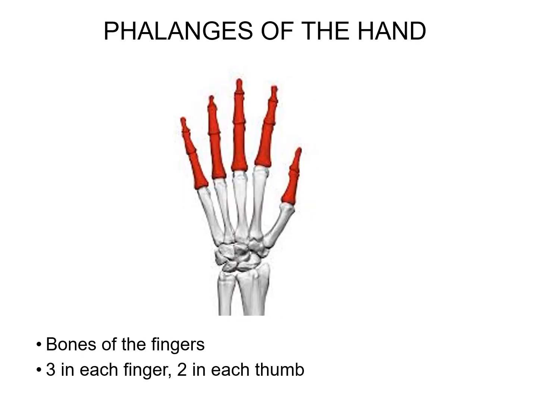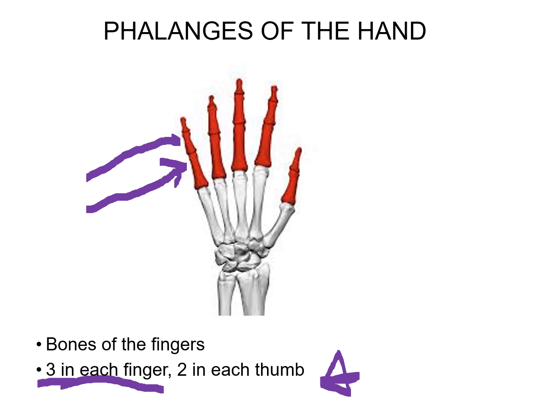And then last but not least, we have the phalanges, or your finger bones of the hand. Now, what I want to point out is that in each finger you have 3 phalanges, except for the thumb. Thumb's a little weird. So if we take a look at this pinky finger, you have 3 bones. You have that one, and then that one.